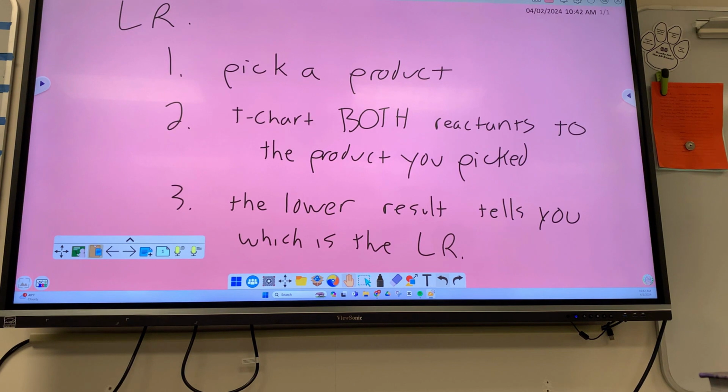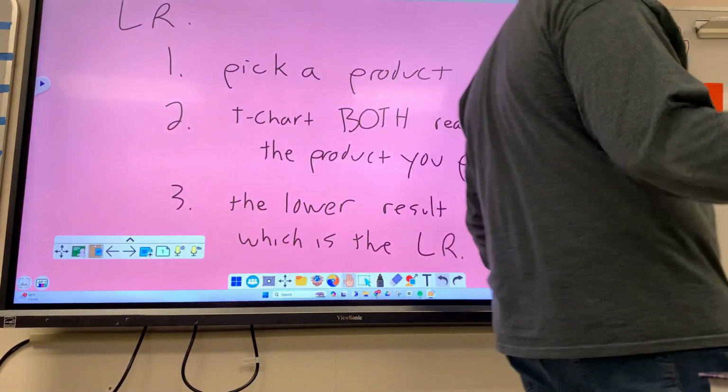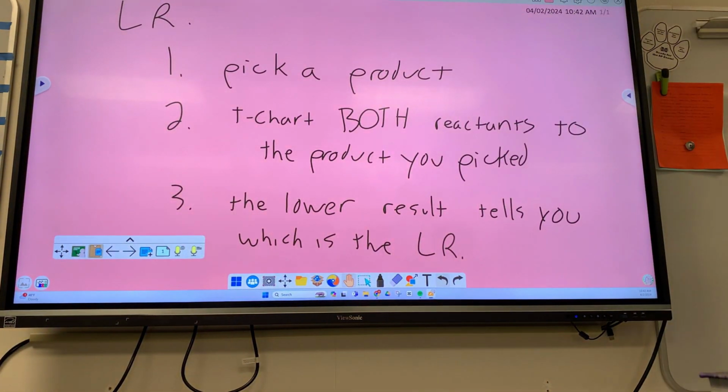Step two is to do T-charts for both reactants to whichever product you picked. So in the case of being given, like we were in the last problem, some number of moles of hydrogen and some number of moles of oxygen, you just run two T-charts.